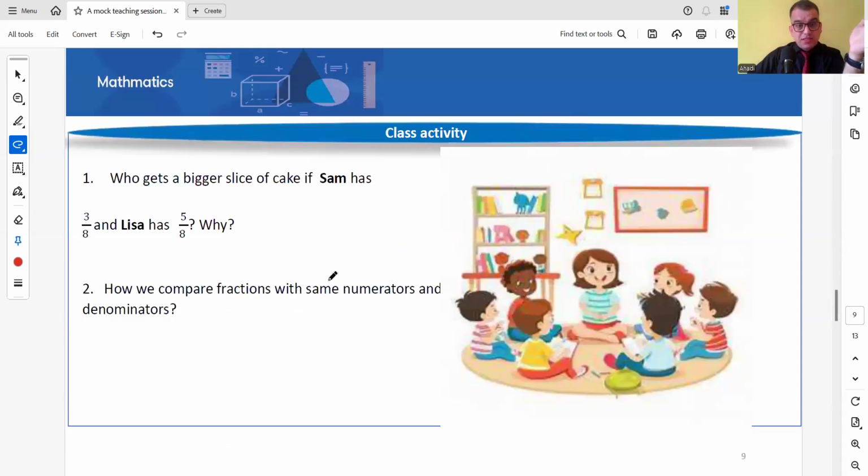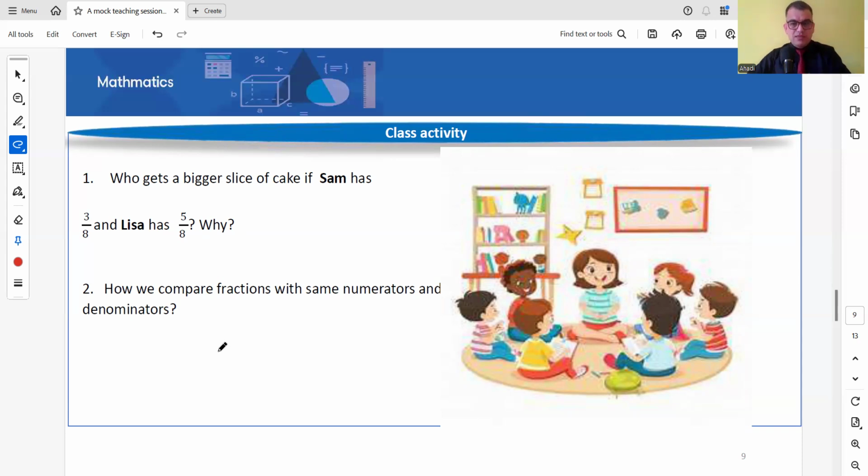And this is the class activity. Now let me divide your class into two groups. The first group, Alex and Sarah, and the second group, Sam and Sophia. The first group, you find who gets a bigger slice of cake if Sam has 3 upon 8 and Lisa has 5 upon 8. The second group, how do we compare fractions with the same numerator and denominator?